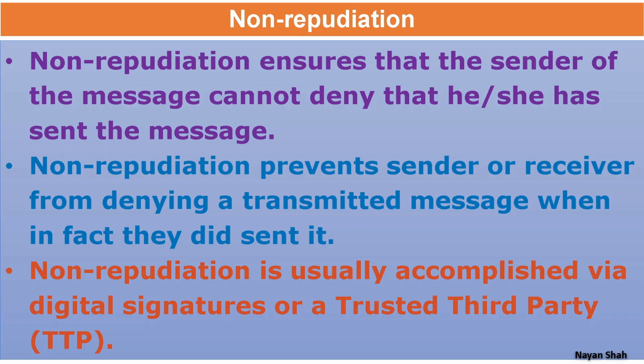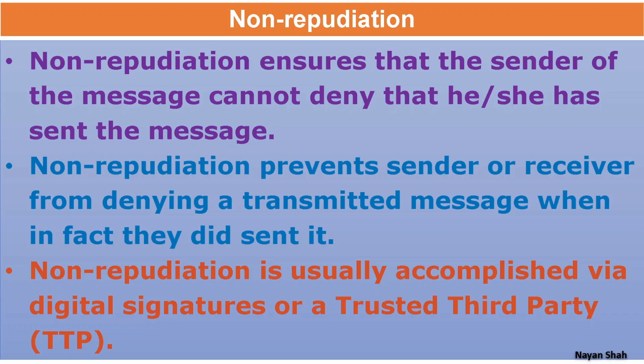If I get two blue tick marks on my message, that means the receiver has opened that message. Now he or she cannot deny that they have not received my message. So that is non-repudiation. Non-repudiation is a situation where the sender, after sending the message, cannot deny sending it, and the receiver, after receiving the message, cannot deny receiving it.